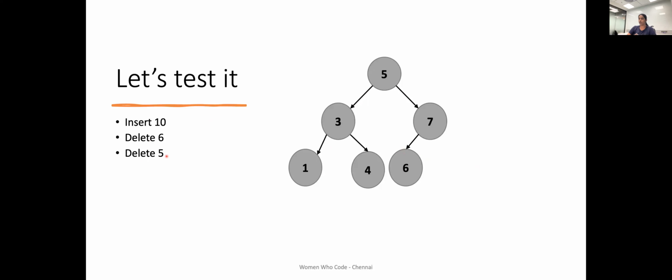And now delete 5. So how are we going to delete 5 here? Imagine 6 is done, and after that, you have only 5 and 7 left. So how do we delete 5?